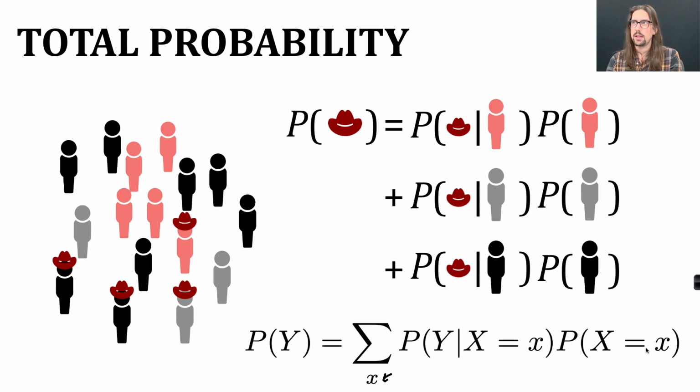I'm leaving out the detail. But in this example, if x were a variable that took values pink, gray, and black, I would say loop over the values pink, gray, and black, so that I would know that this sum actually represents a sum over 3 terms.